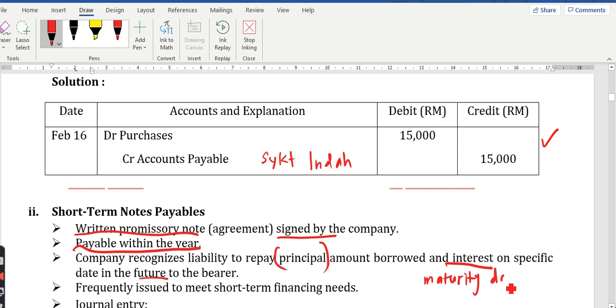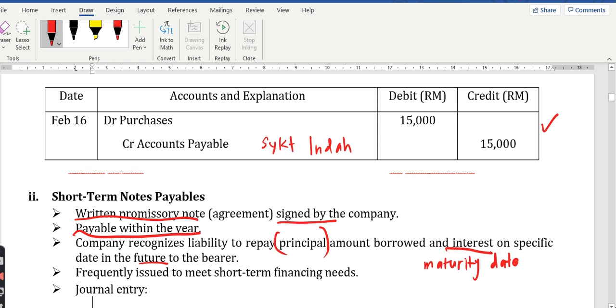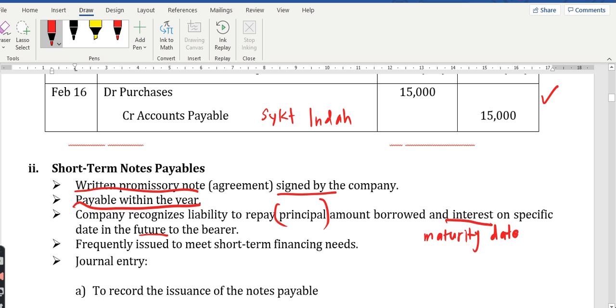You need to pay the amount that you borrowed within the specific frame of time. This is frequently issued to meet short-term financing needs. You need the money, but you don't want to borrow for a long period.